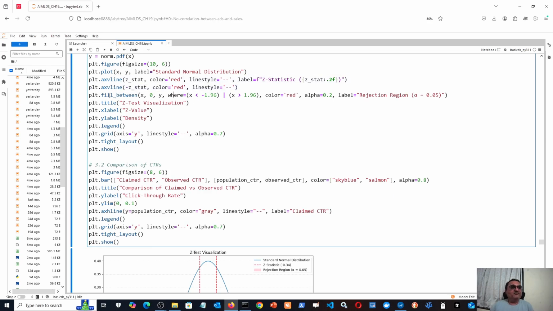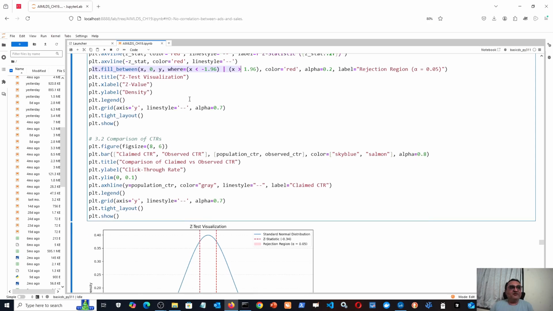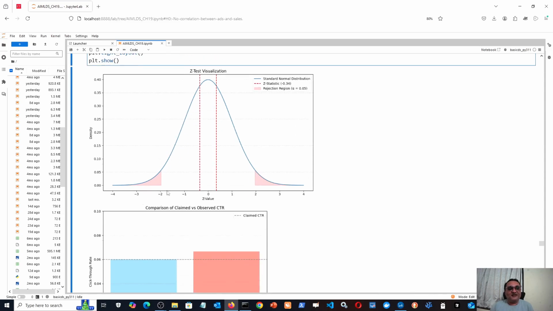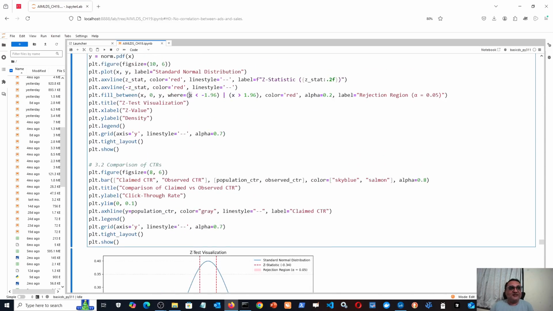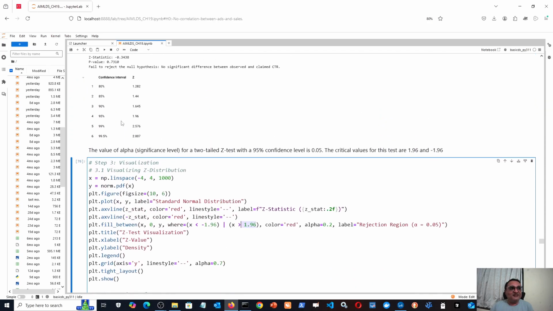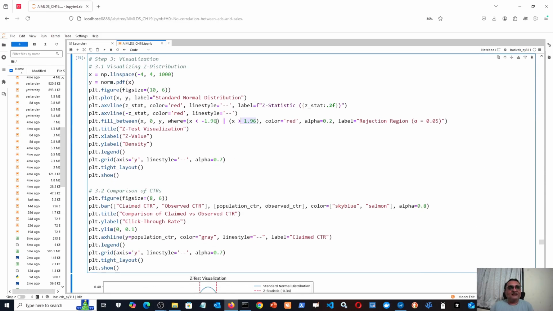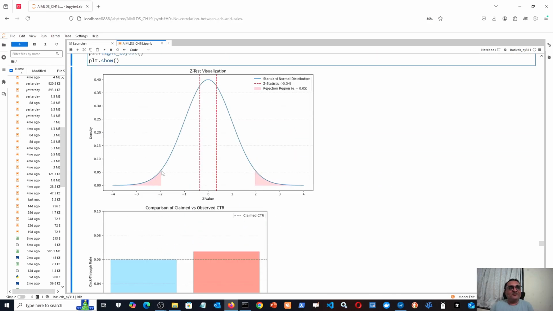Now then fill between. Now this is an important step. You fill between x, comma 0, y, where x is less than minus 1.96 or x is greater than 1.96. But on the x-axis you are plotting what? You are plotting the z score. So that means this is z score less than minus 1.96 and z score greater than 1.96. Does this 1.96 remind you of something? Yes, it is the 95% confidence interval. So plot the region beyond the 95% confidence interval.